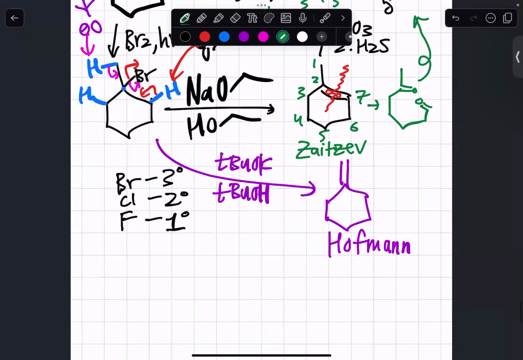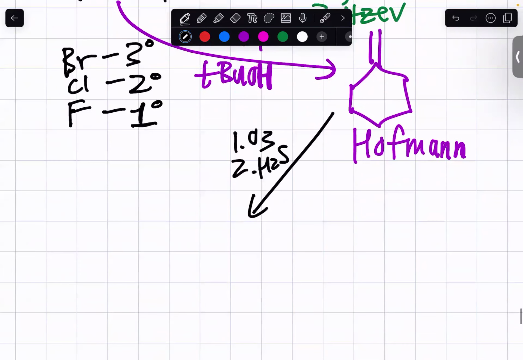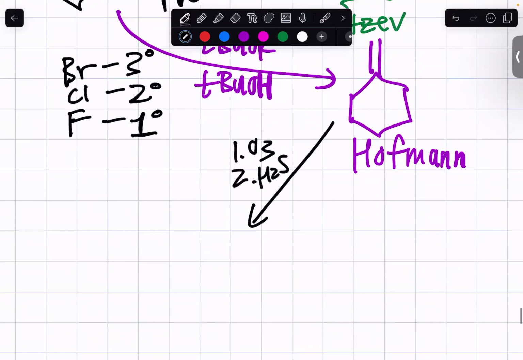Right. And from here, let's say we ended up with this by using the bulky base. If we used then the O3 to H2S, what kind of product would we get? It would just cut it in half. It would be like an O and then, yeah.